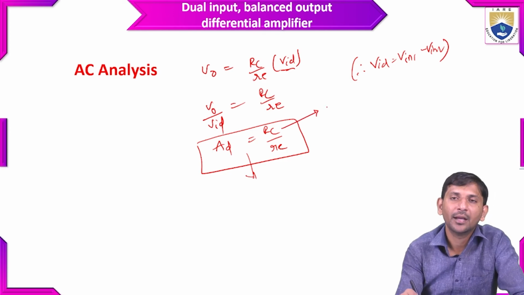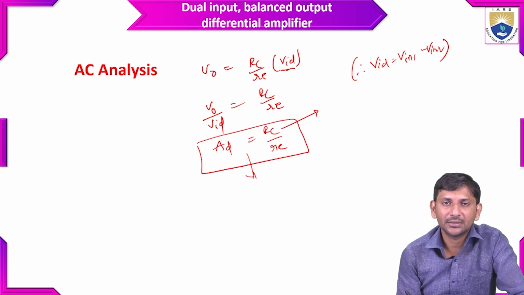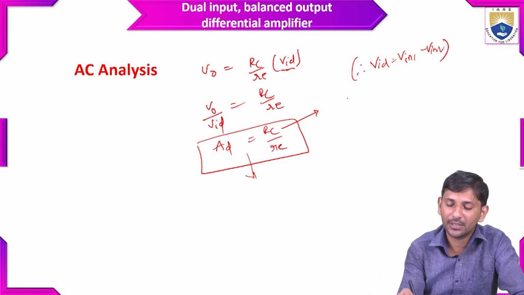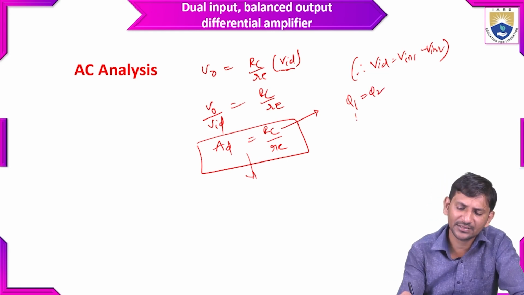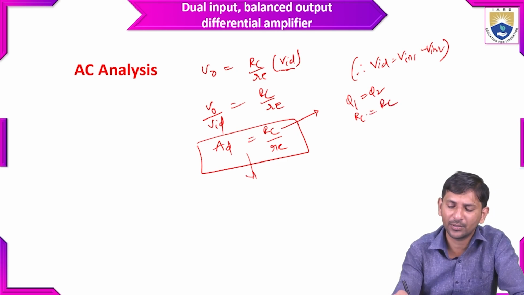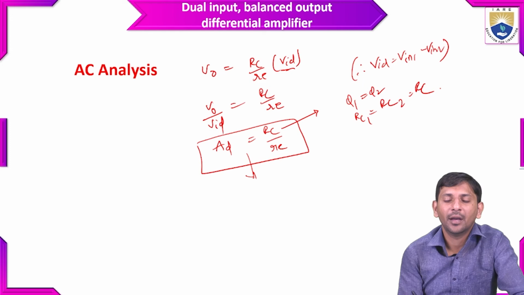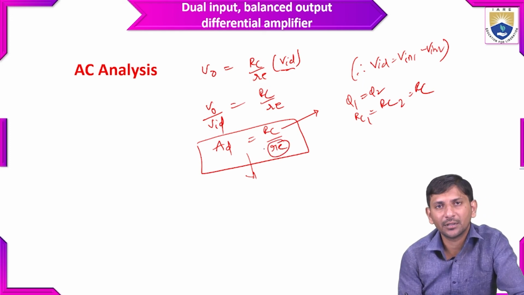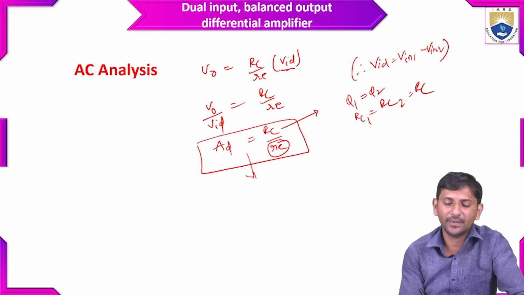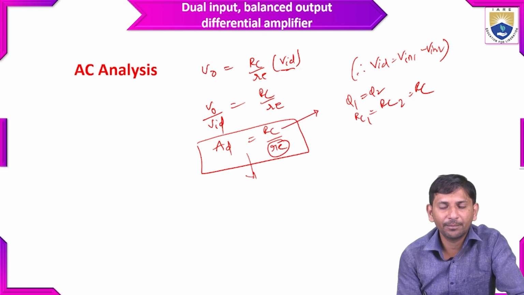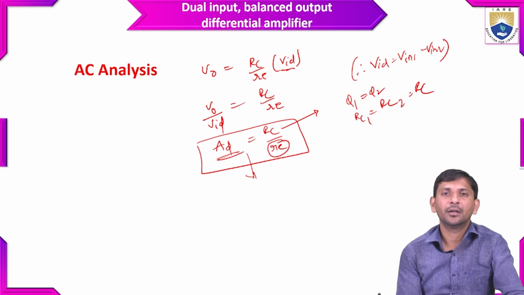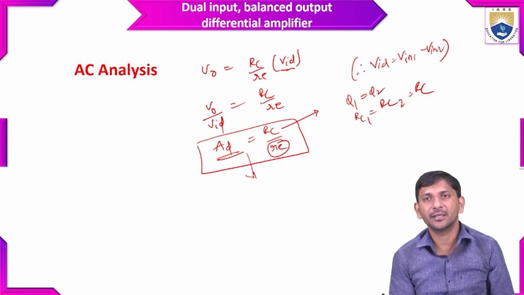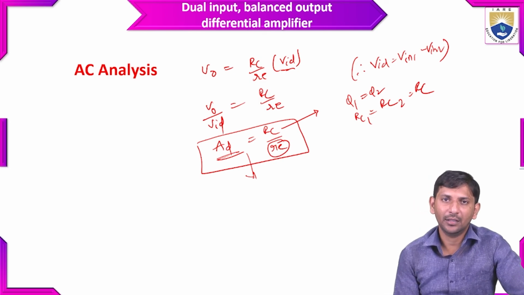So this is the gain of the differential amplifier, a dual input balanced output differential amplifier, AD is equal to RC by RE, where RC is the collector resistance at the collector pins of Q1 and Q2, which are matched, so Q1 is equal to Q2. When it is a matched pair of transistors, the collector resistance is the same, RC1 is equal to RC2 is equal to RC. The dynamic resistance across the emitter junctions of Q1 and Q2 is also the same. The ratio of collector impedance to the dynamic resistance of the emitter junction gives the differential amplifier gain, AD is equal to RC by RE.